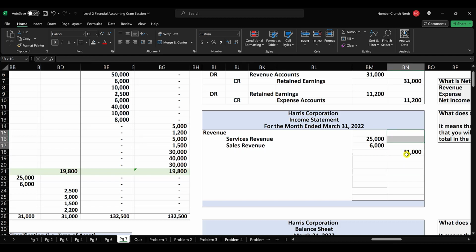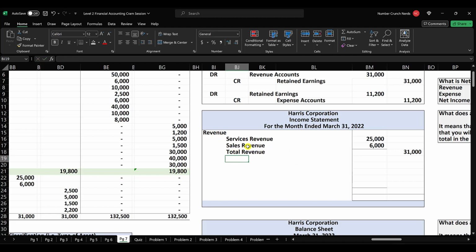Let's call the rightmost column the main income statement column. And then this column here is for subtotaling multiple line items in the same category. And then we just want to identify what this is. So total revenue.